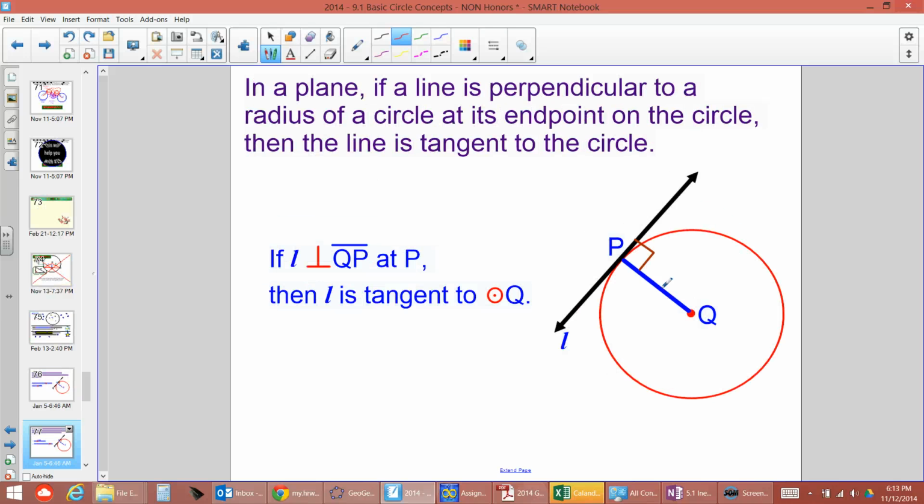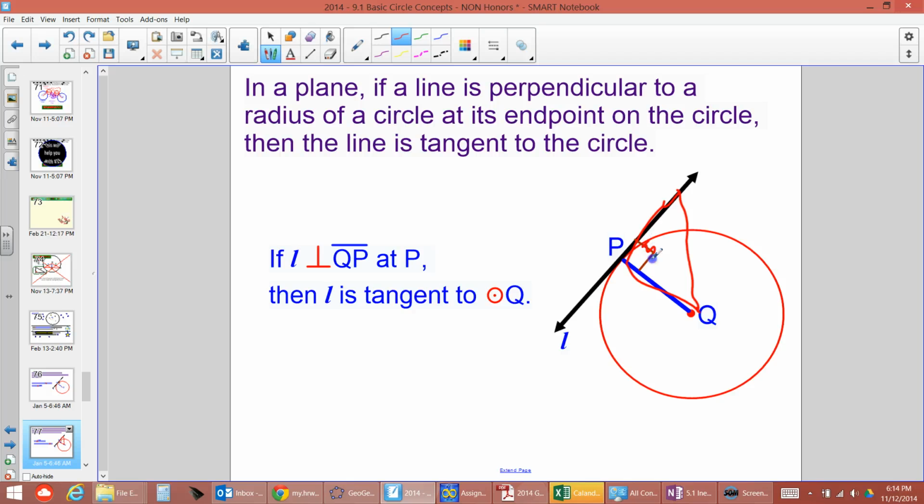All right, in a plane, if a line is perpendicular to a radius of a circle at its endpoint, then the line is tangent to the circle. All right, so that's also going to help us prove tangency. So if I can show that this is the radius, they're both on the endpoints and on the center, and if I can prove that this angle right here is 90 degrees, then I know that it's tangent. So just imagine for a second, I gave you a triangle built out of this shape.